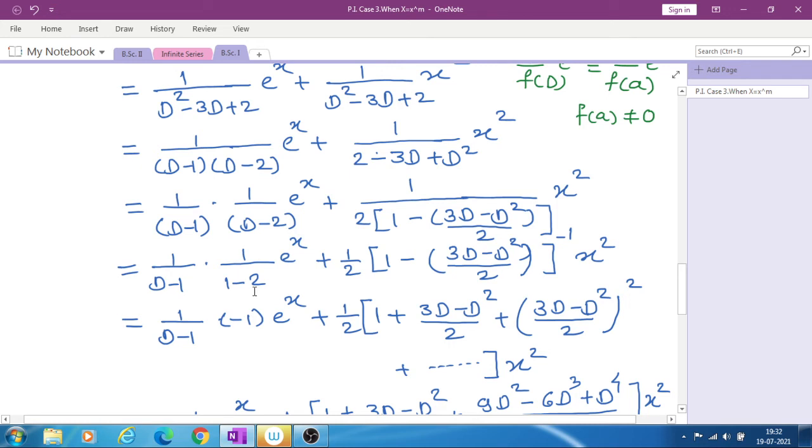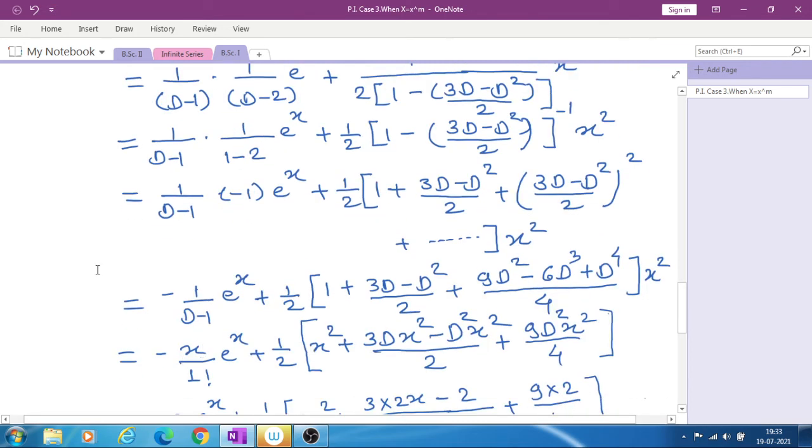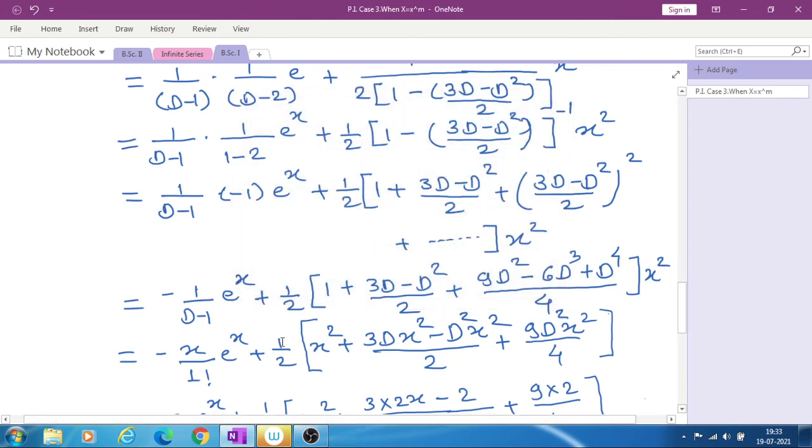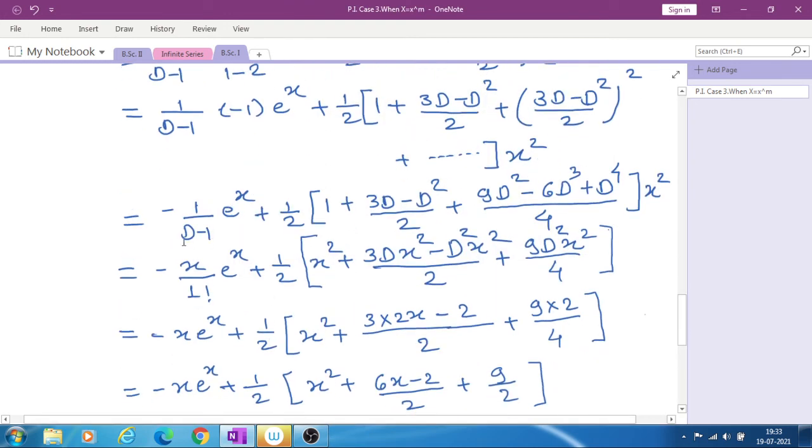This is 1 upon 1 minus 2 e raised to x, and this is equal to 1 upon minus 1, that means minus 1. So we get minus 1 into 1 upon D minus 1 e raised to x. So this becomes now minus 1 upon D minus 1 e raised to x.